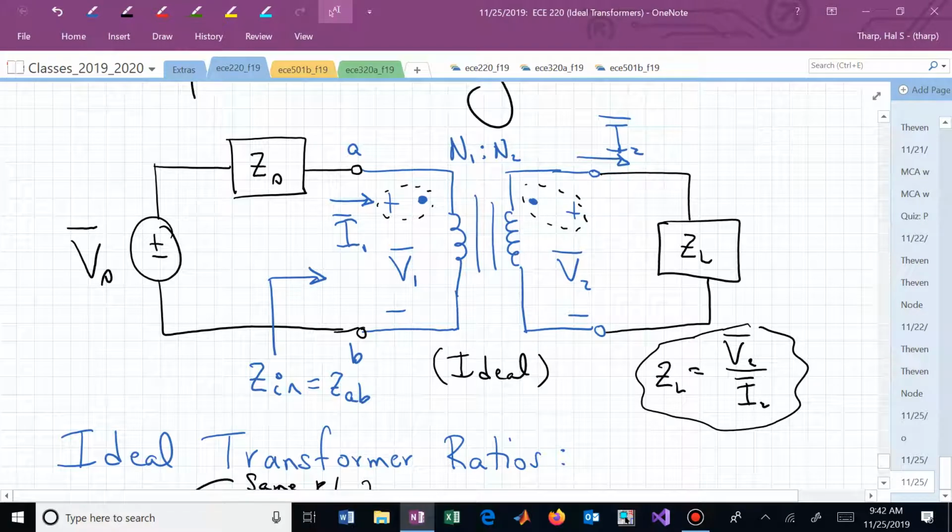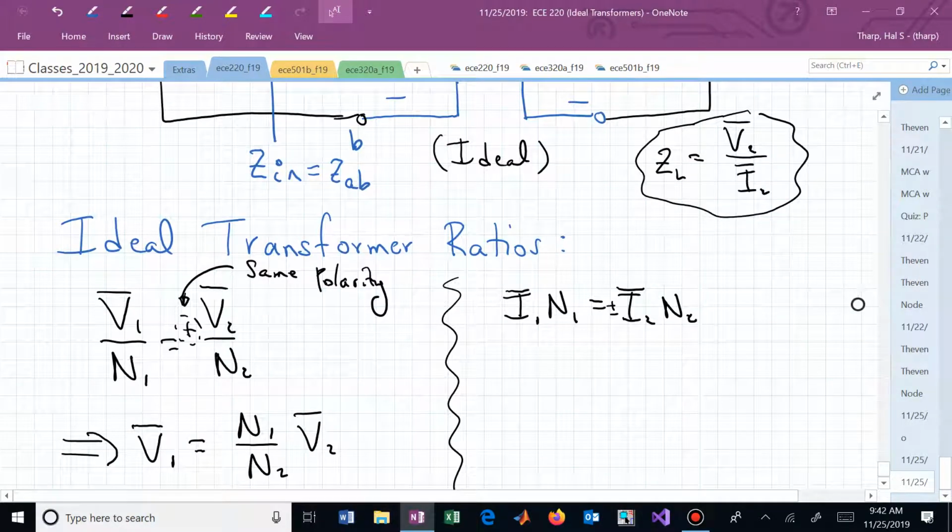Relating I1 and I2 based on my previous description, to have a positive sign, what do I need? I need one current to enter a dot and the other one to leave a dot. Here I have I1 going in and I2 is actually coming out. So again, this turns ratio relationship for my currents also possesses a positive sign.